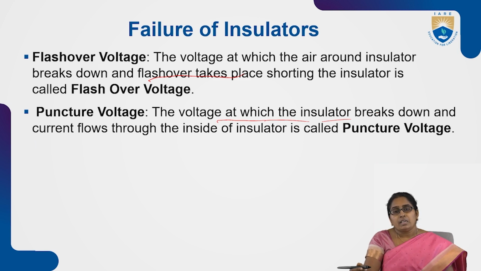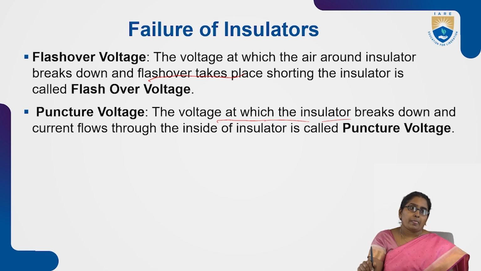Anyway, basically, in an insulator, puncture means the flashover or discharge. The discharge occurs, an arc occurs from the conductor to the pin. So that means here current passes through the body of the insulator itself. That's why they say it is the voltage at which the insulator breaks down. The discharge occurs from the conductor to the pin.